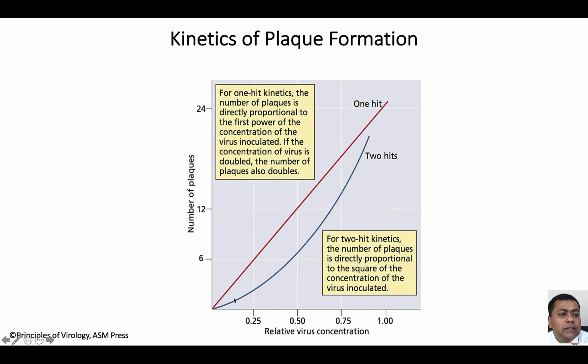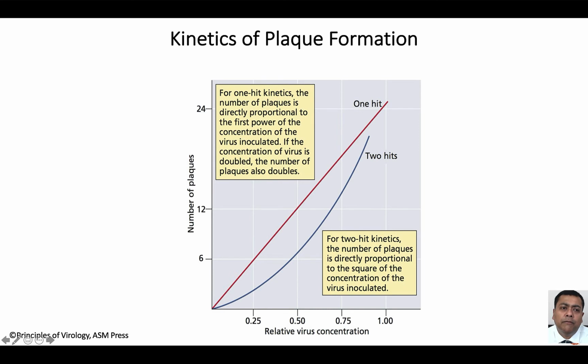This was also discovered in some plant viruses, which have two sets of genome. When you have these two sets of genome, they're independently packaged. When the plaques were formed, the scientists were puzzled by the numbers they were seeing, and from there they calculated these two-hit kinetics, as if one cell is infected by two individual viruses.